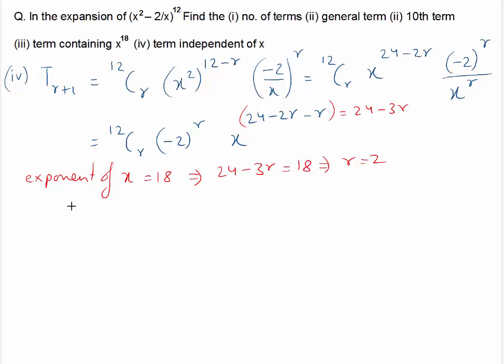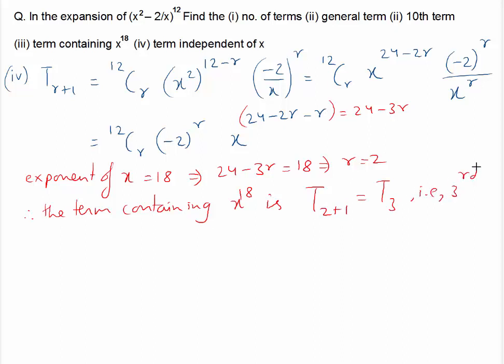So therefore the term containing x to the power 18 is t2 plus 1, which is t3, that is the third term. So essentially the third term would contain x to the power 18.